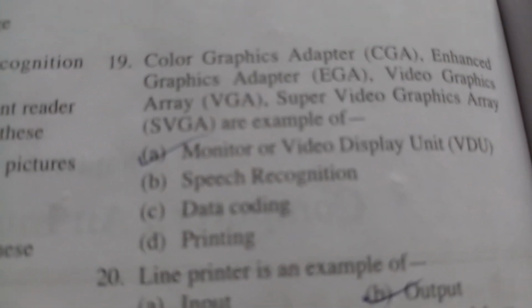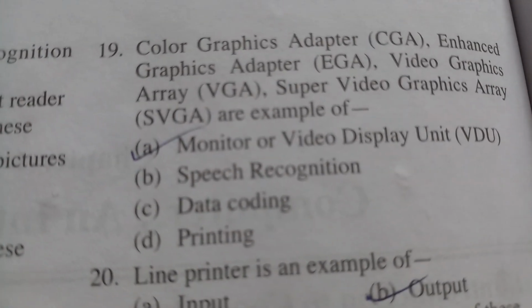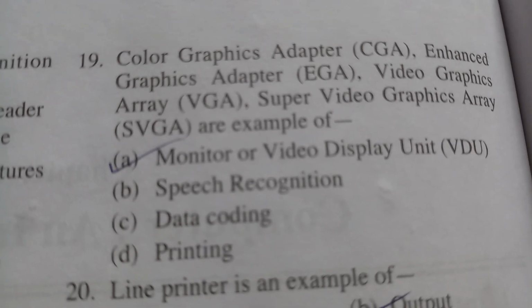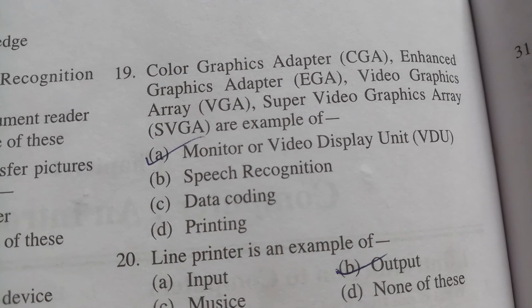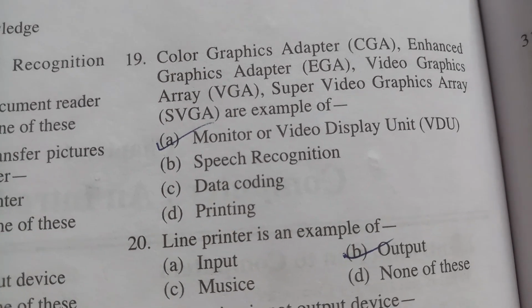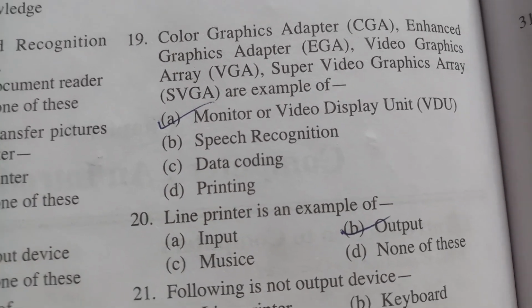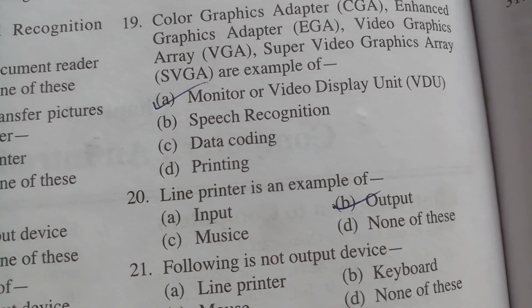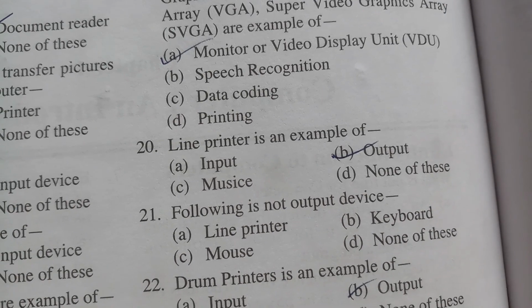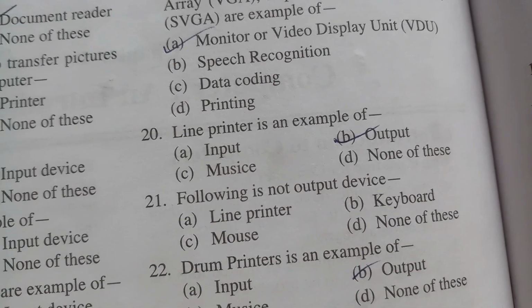Color graphics adapter CGA, enhanced graphic adapter EGA, video graphics array VGA, super video graphics array SVGA are example of monitor or video display unit. Speech recognition, data coding, printing. Answer হবে monitor. Line printer is an example of output.